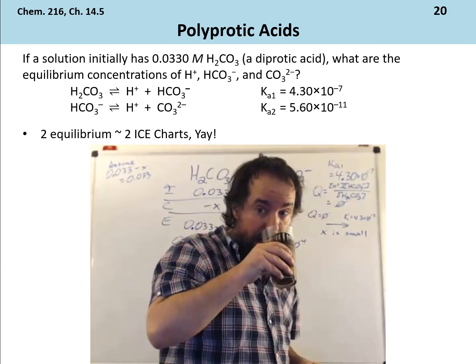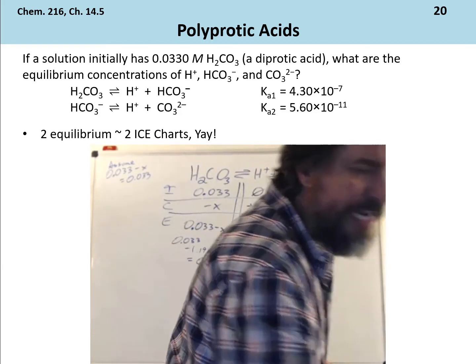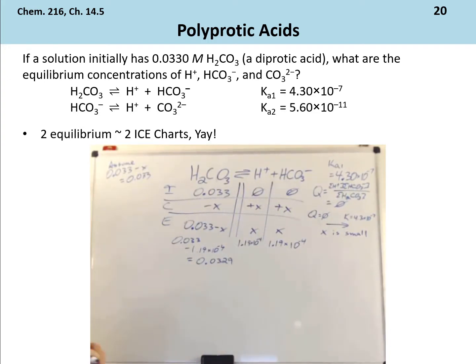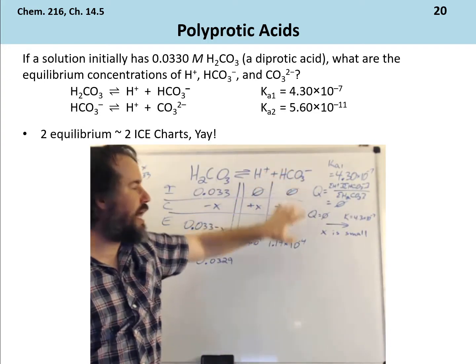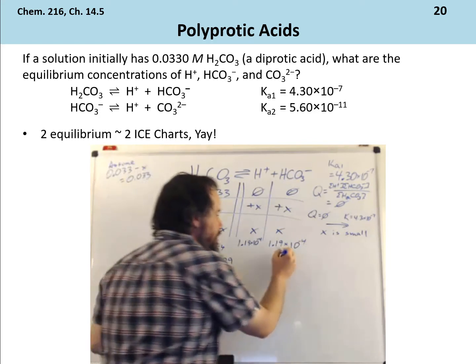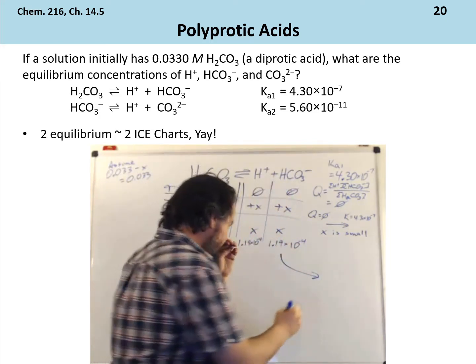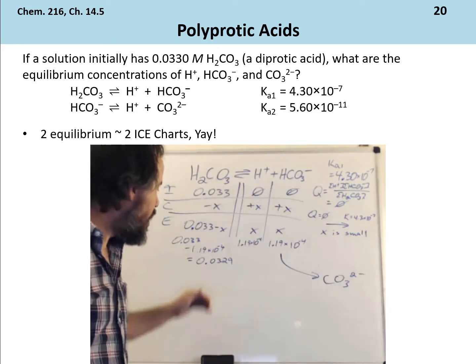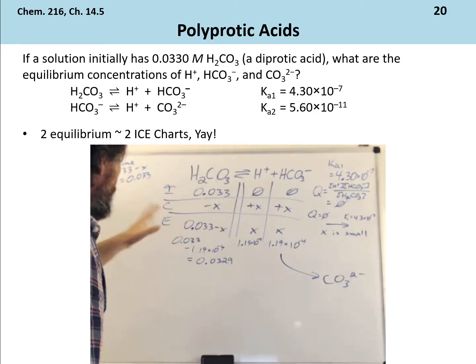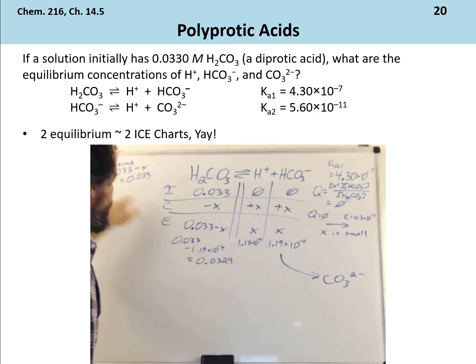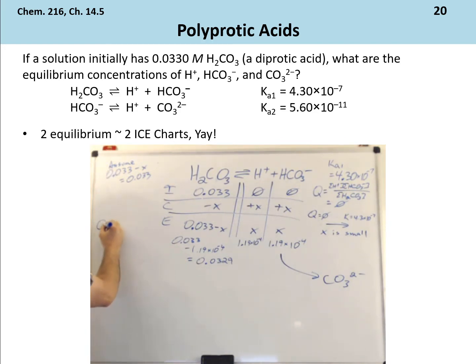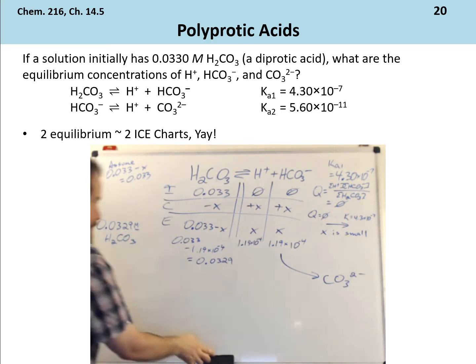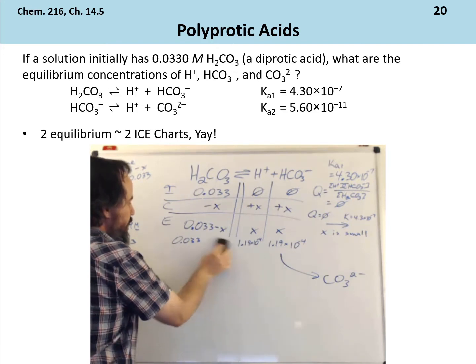Now we need to use the second equation. Why? Because now that I have some HCO3-, it can react to form CO3 2-. All right, I'm going to save some of these. I'm going to just move this one over here for safekeeping, because now we're going to use that second equation.